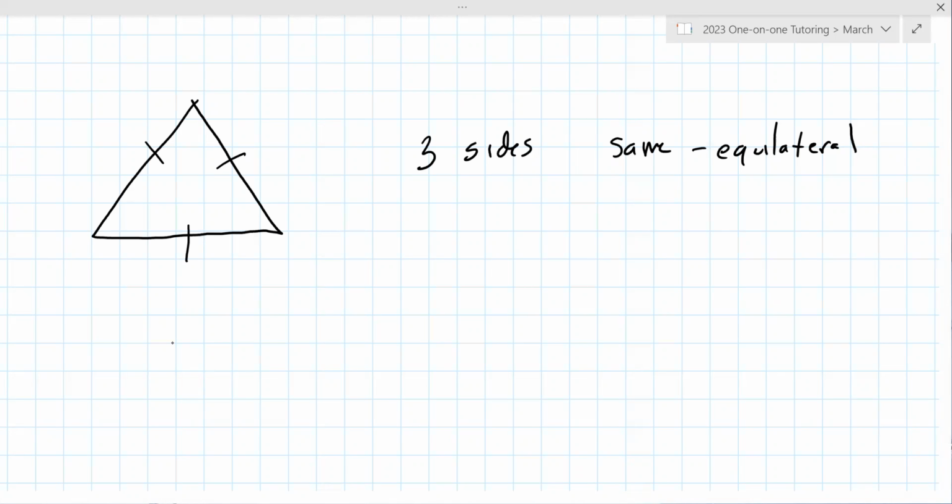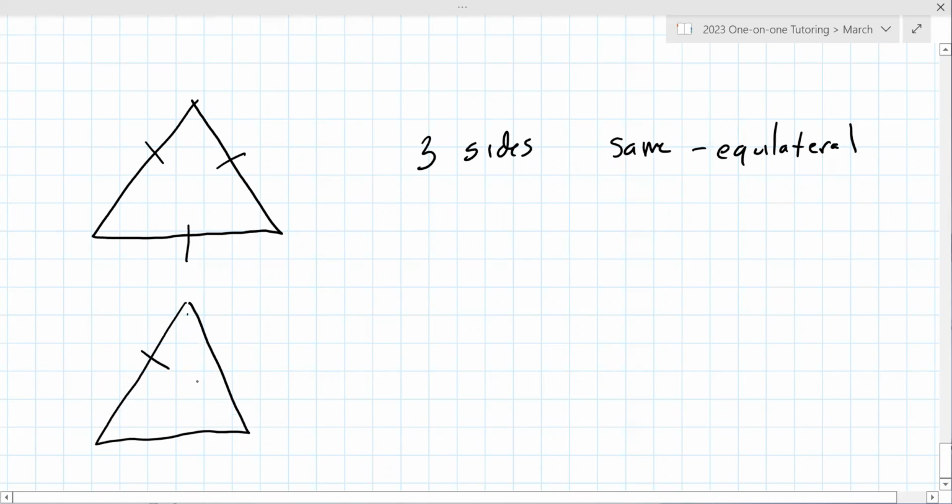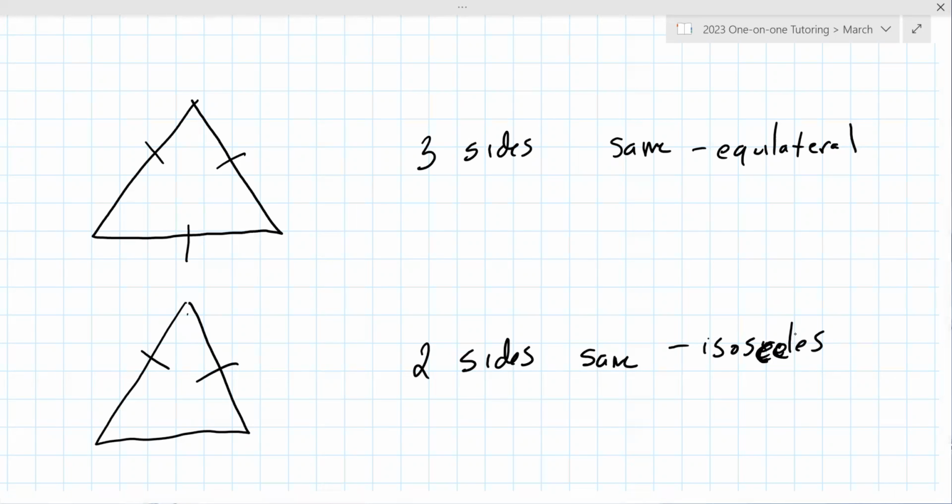Okay. The next type of triangle we're going to look at is called an isosceles triangle. Isosceles is when two sides are the same. That's called isosceles. It's a C. Is it two E's?